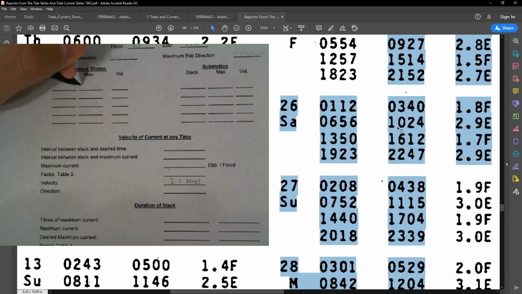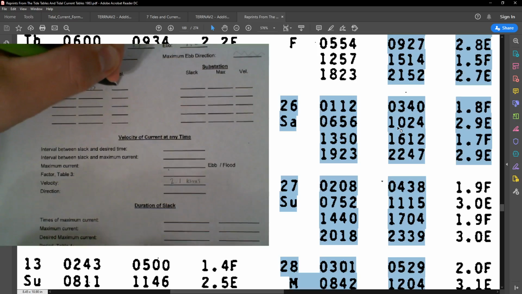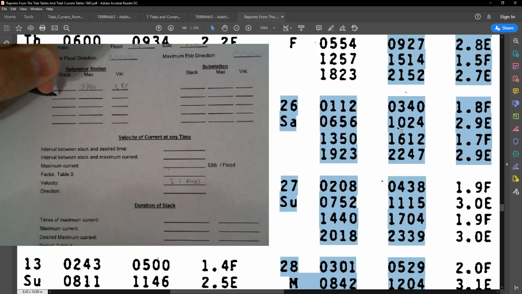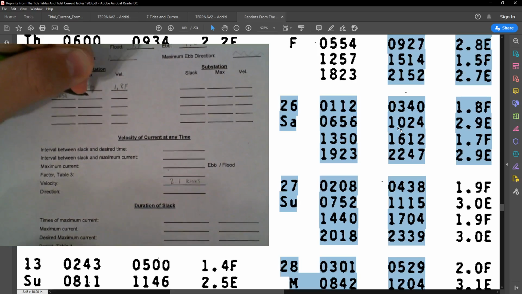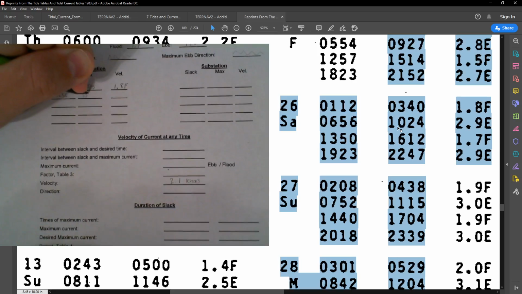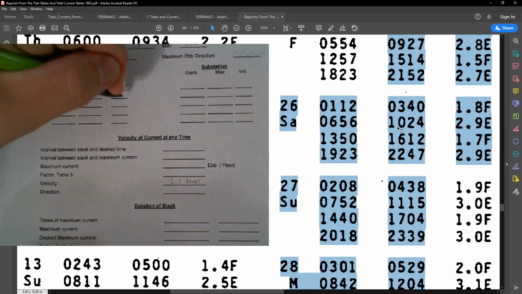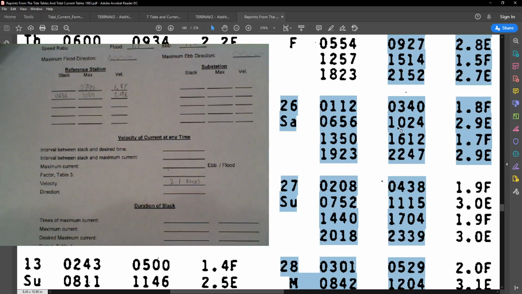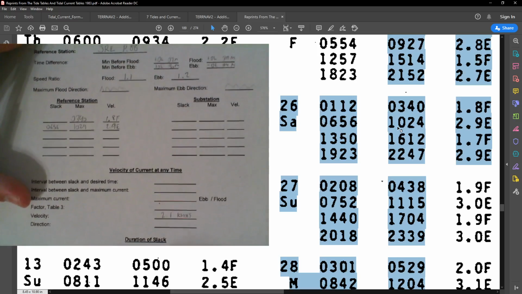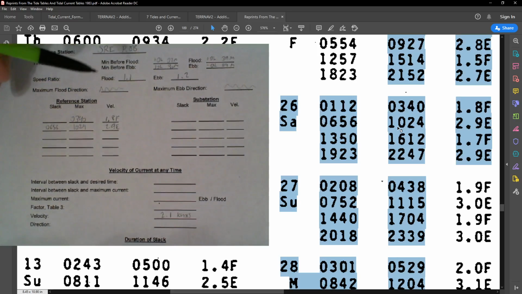So 0340 velocity of 1.8 flood, 0656 and 1024 2.9 ebb. Now we need to add in the corrections from above and make sure we are using the correct ones.